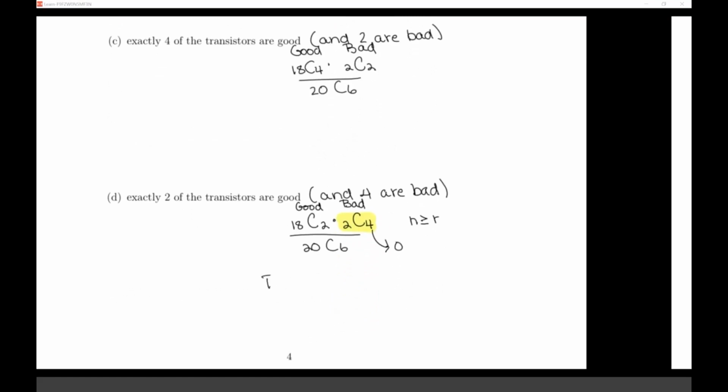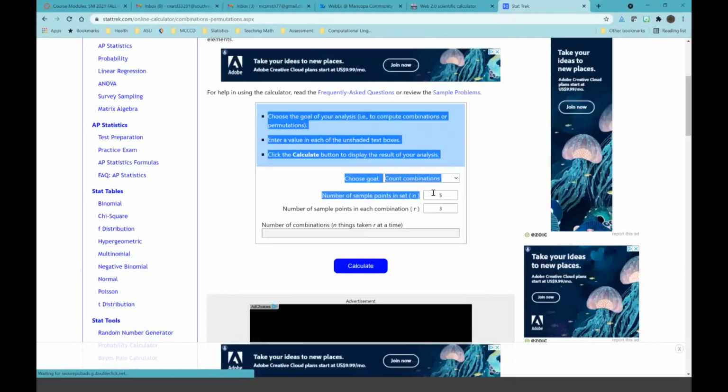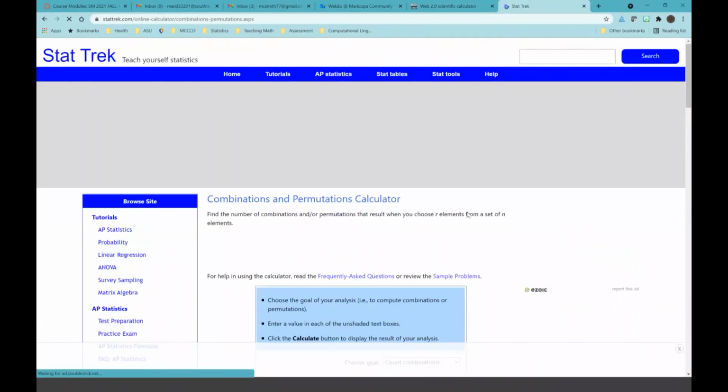So the probability of exactly 2 good is 0. And again, your calculator will help you here, because if you type this into a combinations calculator, you should get 0 or an error. Let's try it. I'm counting combinations. I have 2, and I want to choose 4 out of that.